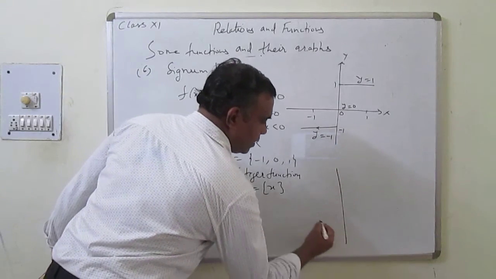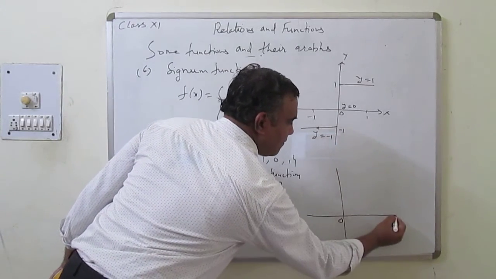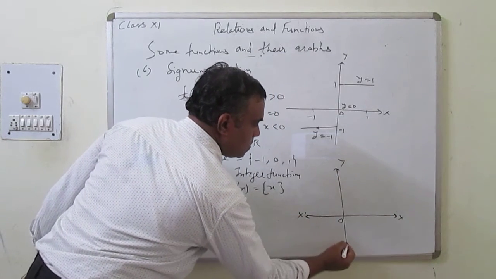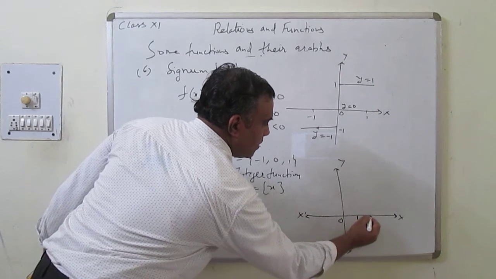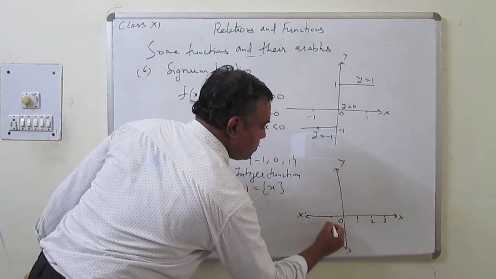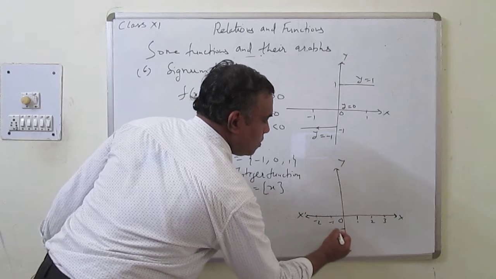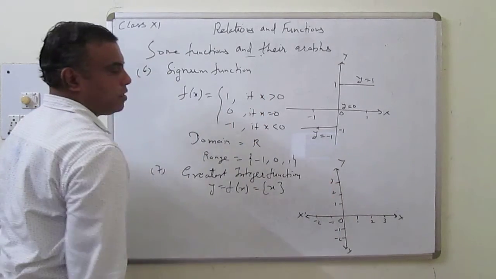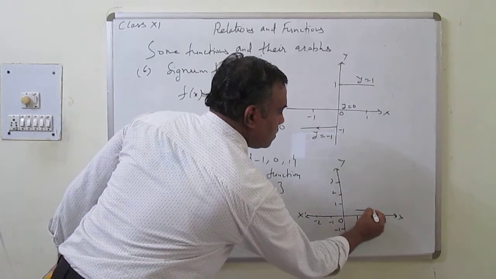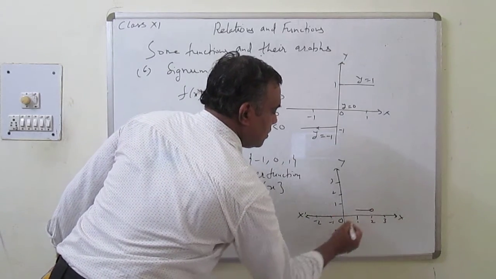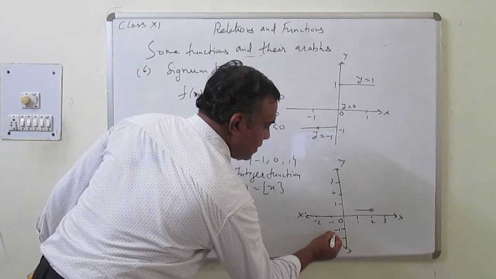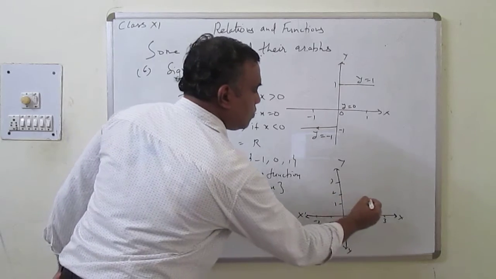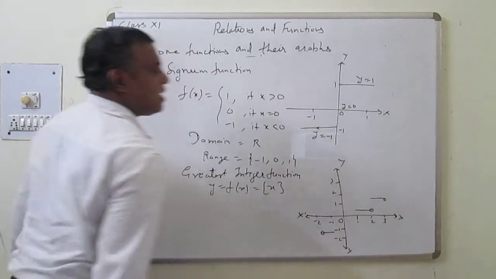neither continuous nor discontinuous. The graph looks like this. 1, 2, 3, minus 1, minus 2, minus 1, minus 2, 1, 2, 3. Now see here, this is open. If I take minus 1 to 2, 2 to 3, the graph runs like this.